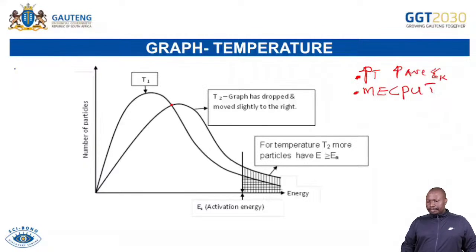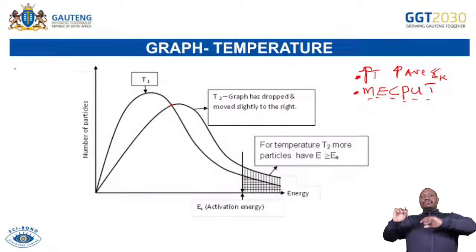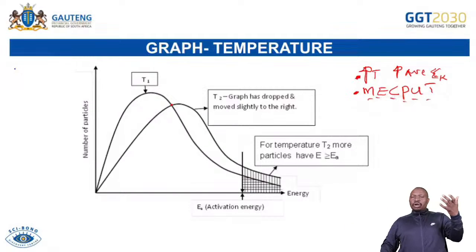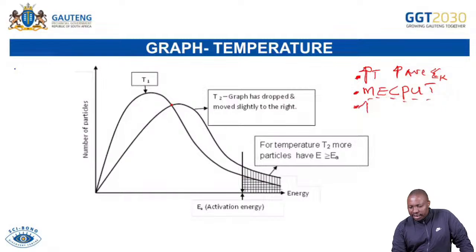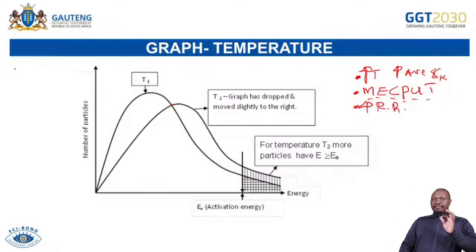Please write it in full. That is bullet number 2. If you just say effective collision per unit time, we won't mark it. It must say more effective collisions per unit time. I'm emphasizing it. And then you will increase the rate of reaction. So those 3 bullets are very important.